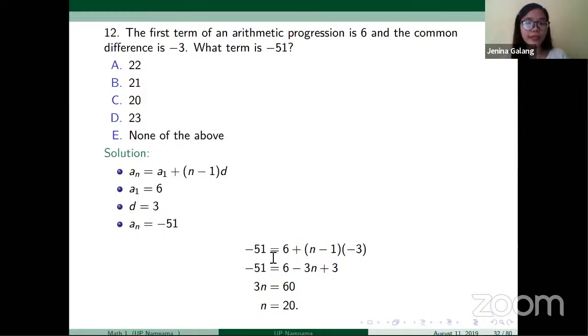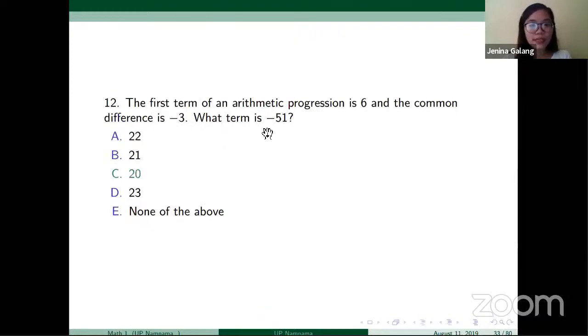We have negative 51 equals 6 plus n minus 1 times negative 3. So, ang hinahanap natin dito is yung nth term. So, anong term yung negative 51? So, negative 51 equals 6 minus 3n plus 3. So, we have 3n equals 60, which is n equals 20. So, the 20th term is negative 51 for this arithmetic progression. So, yung sagot is letter C.